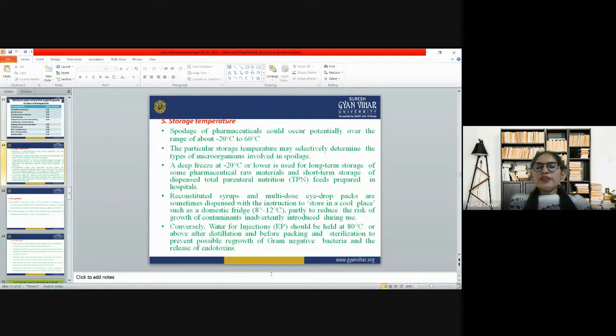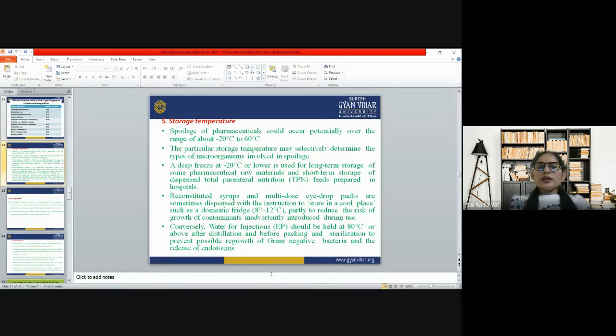A deep freezer at minus 20 degrees Celsius or lower is used for long-term storage of some pharmaceutical raw materials and for short-term storage of dispensed total parenteral nutrition feeds prepared in the hospital.